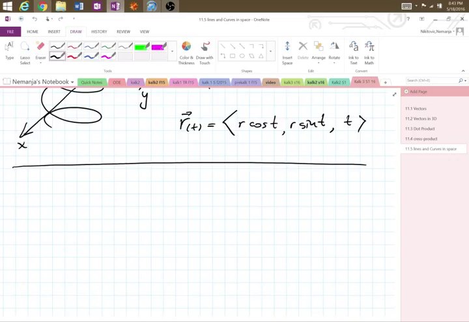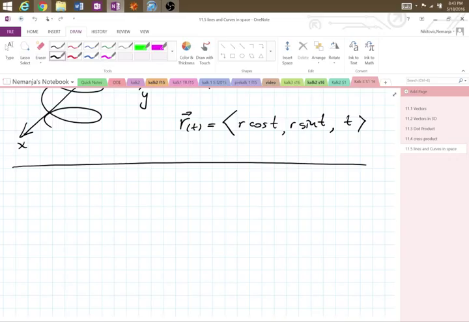So now we want to extend these ideas to vector-valued functions. We know how to find, hopefully, limits of functions. How do we find limits of vector-valued functions? Well, just component-wise.